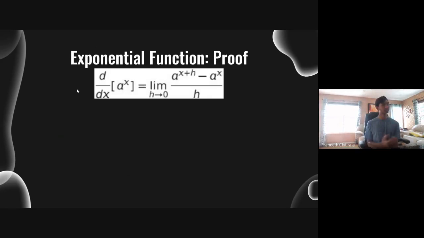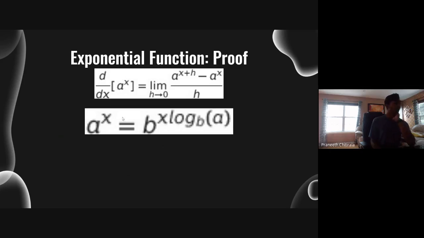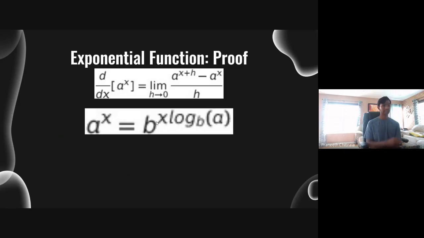So let's prove the derivative of a to the x. We have this limit right here. First we're going to go over some facts. If we have another constant b, a non-zero constant b, then a to the x is equal to b to the x times log base b of a power.